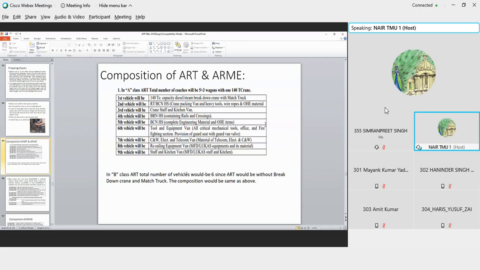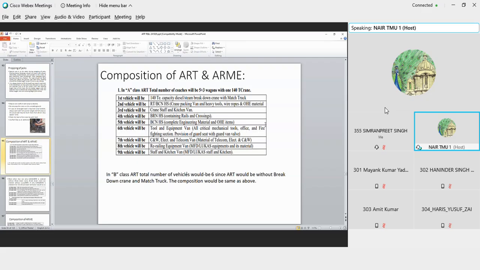There is a kitchen van, and there is a wagon which is carrying rails and crossing. So there is an engineering department equipment there. There is a SNT department equipment there. There is electrical department equipment there. So this is a full composition of a 140-ton crane with 9 vehicles, and this is called an A class ART.